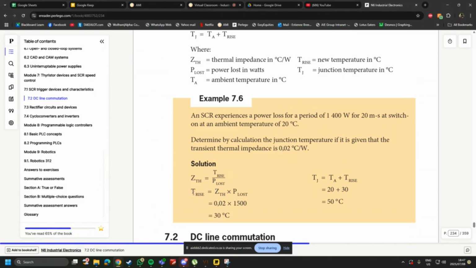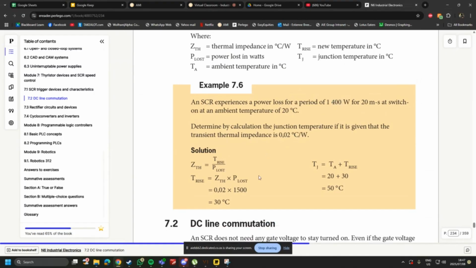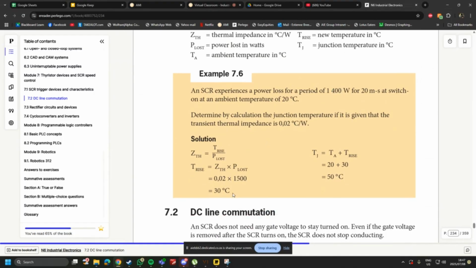If we take a look at this, your temperature rise is ZTH, so that's 0.02 degrees C per watt multiplied by your power lost. Again, a typo in the book, which should actually be 1,400 watts, but okay, who cares? That gives you a 30 degrees C rise in temperature.